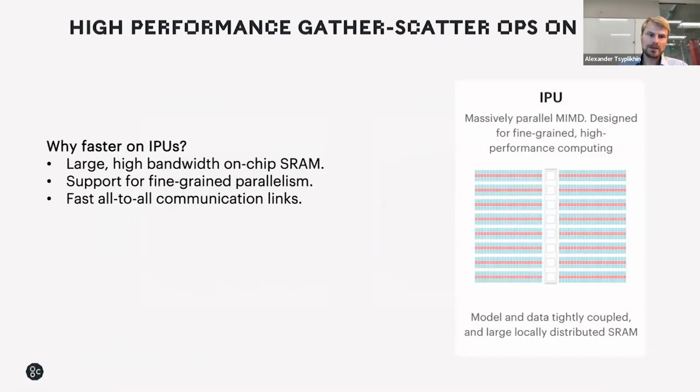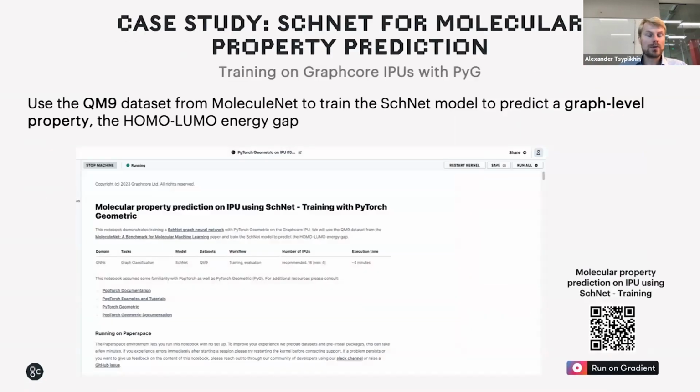And again, this is because of the different architecture that we have on the IPU: high memory bandwidth, fine-grained communications. For the SCHNET implementation as a case study of that, this is a public example that you can run.